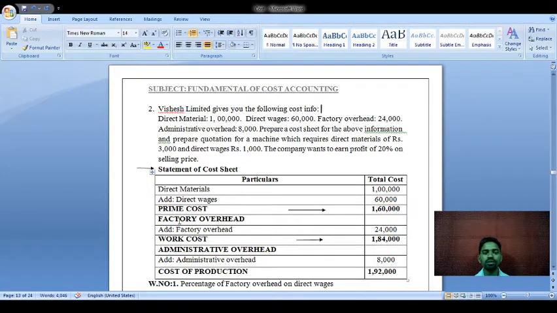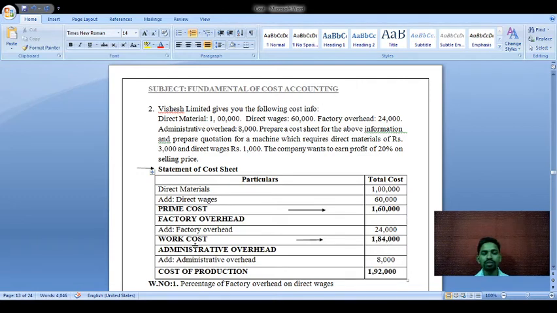Now you have to add the factory overheads. In the problem they have given factory overheads of rupees 24,000. So add factory overheads 24,000. 1 lakh 60,000 plus 24,000 totals 1 lakh 84,000. This 1 lakh 84,000 indicates the work cost.